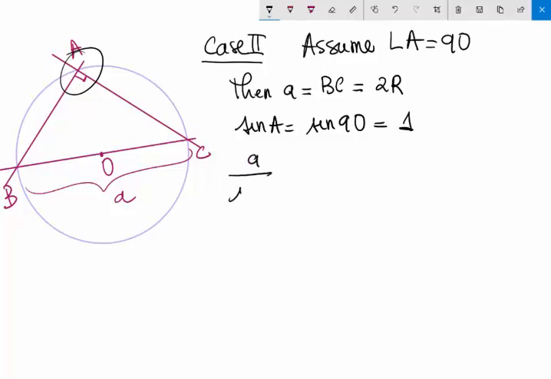Now little a over sine of A will be a over 1, which is of course a, which is equal to 2R, which again establishes the second case.